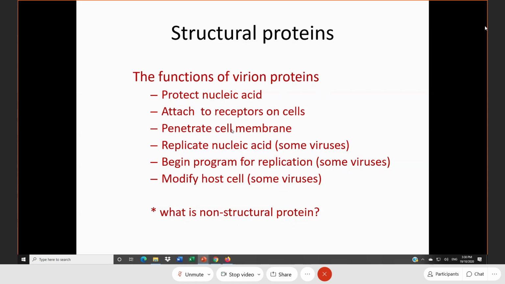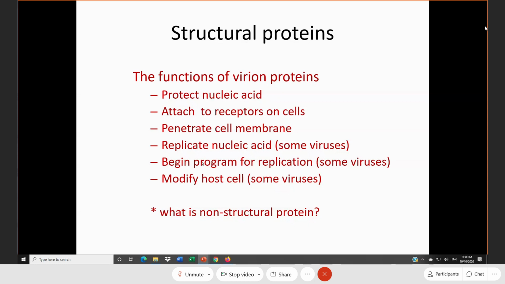So it's unique. Protein is also important for the virus to penetrate the cell membrane. They must go into the cell. They have to penetrate the cell membrane. Okay? Protein is also important for the virus replication, nucleic acid replication, and also for the initiation of the virus replication. For the virus to start, they need something to be triggered, they need certain protein for that.